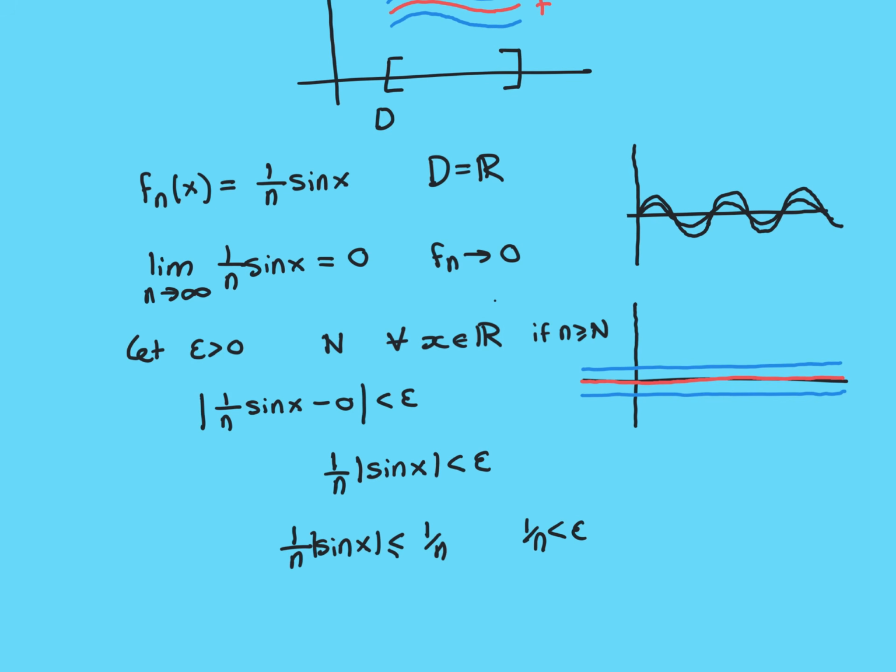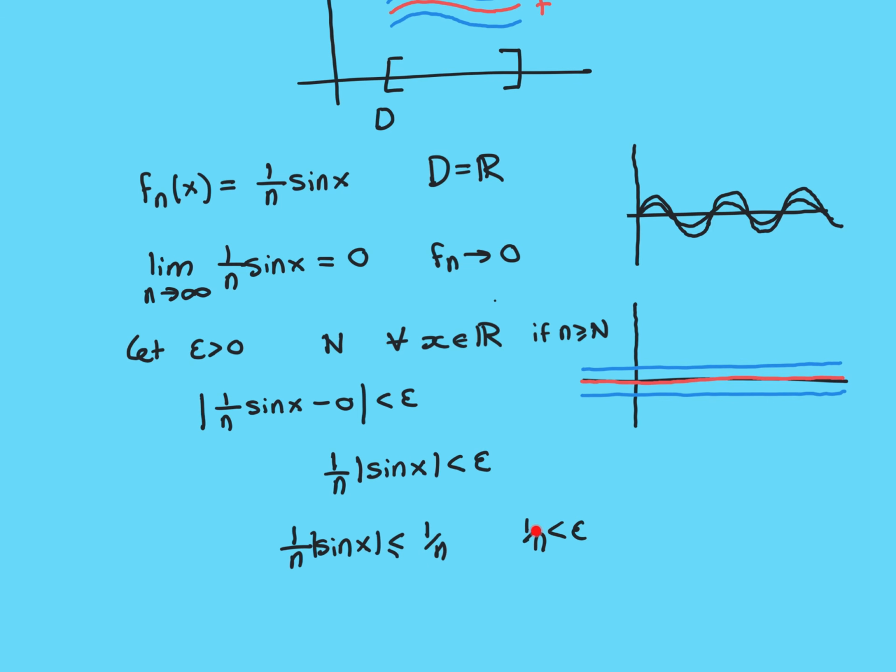You'll end up with a half 1 over n. If it's equal to 1, then you'll end up with 1 over n exactly, but the biggest thing it can possibly be equal to is 1 over n, this product here. So we always know that this is true. 1 over n times mod of sine of x is going to be less than or equal to 1 over n, no matter what x is an element of the real line you pick.